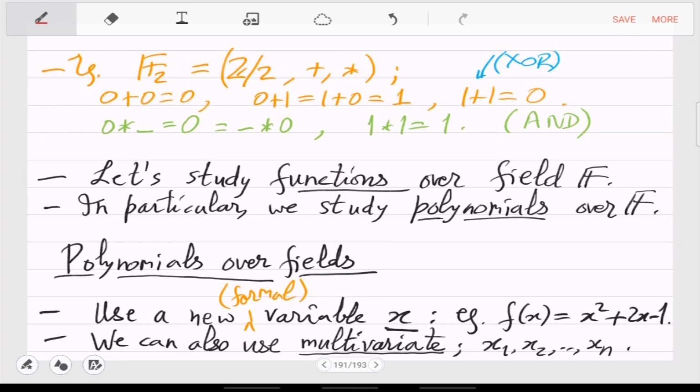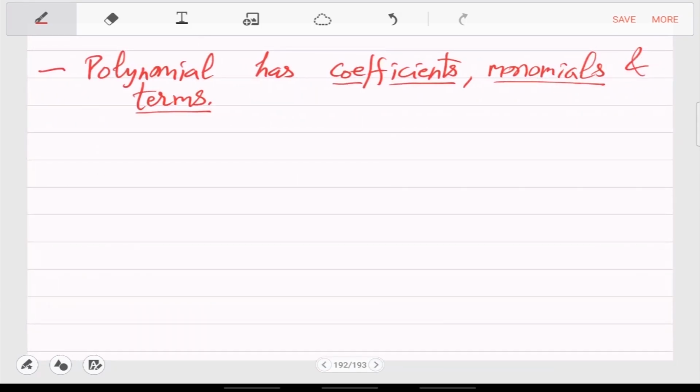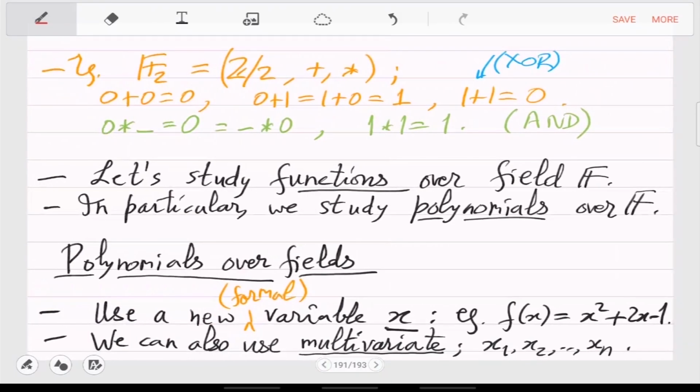Can it be x1 by x2? We don't allow that. You are only allowed to multiply and add. Addition and multiplication are the only operators. You don't divide by variables. And a term is any summand. So 2x is a term, -1 is a term, x squared is a term, and so on.